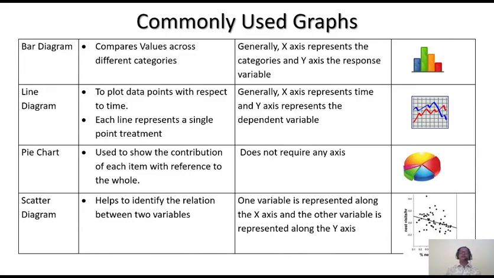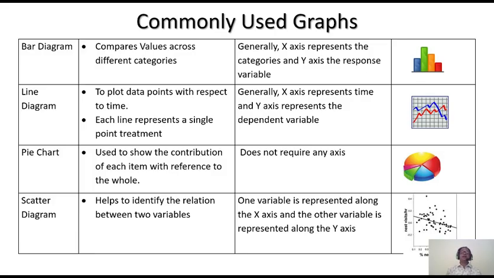Now let us look very quickly at some common types of graphs. First, there is the bar diagram. A bar diagram shows different categories, and these are one-dimensional diagrams. The categories are represented along the x-axis, and the values taken by the categories are represented along the y-axis.